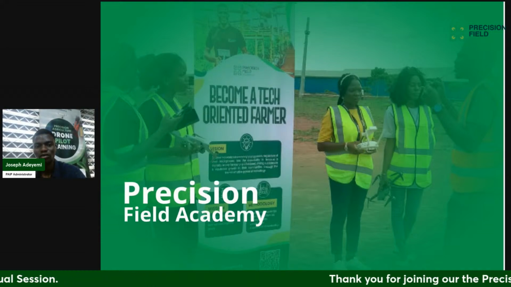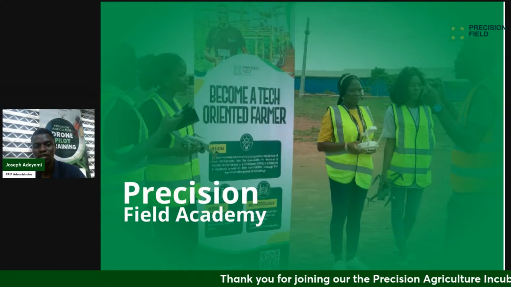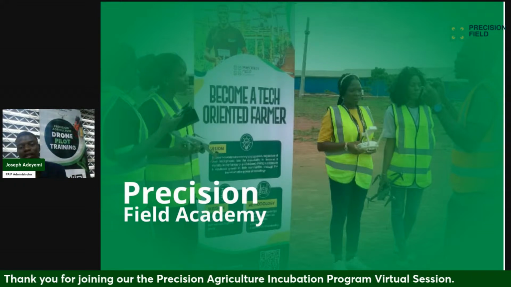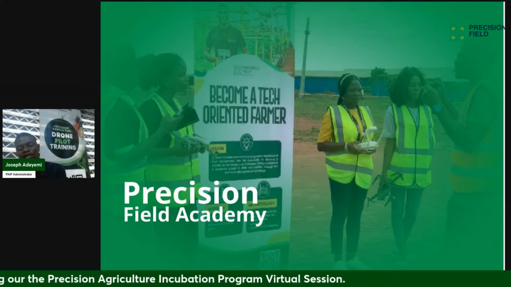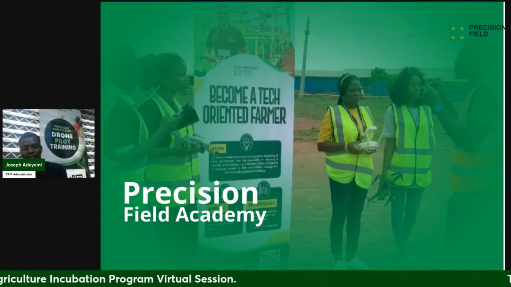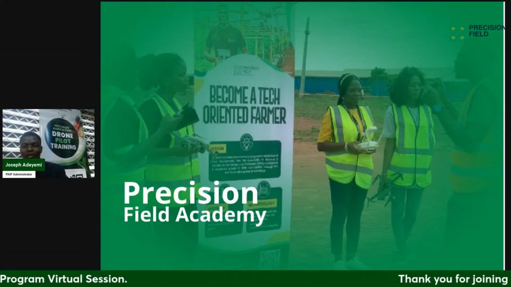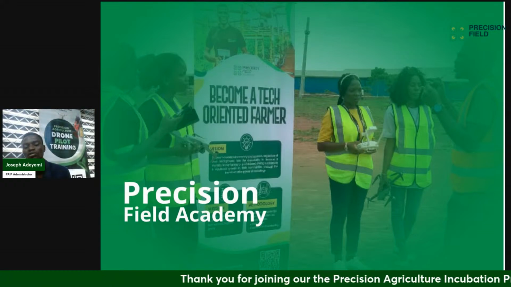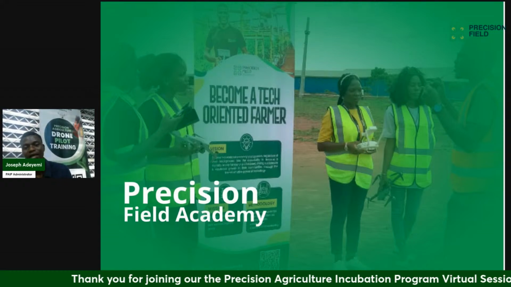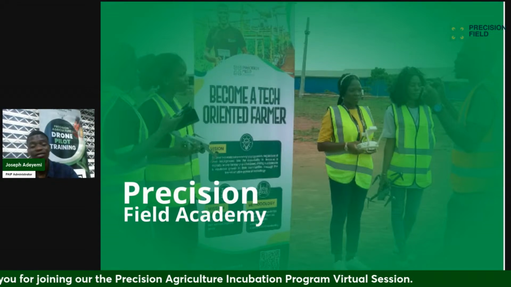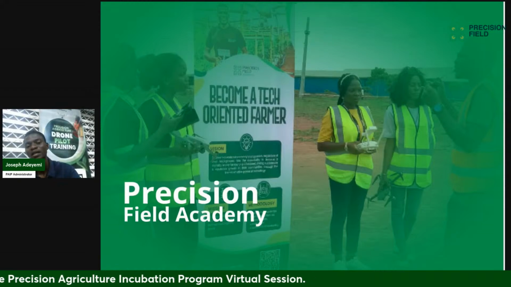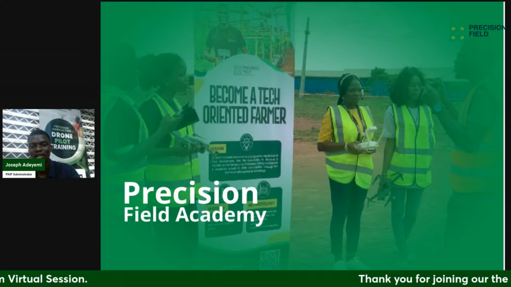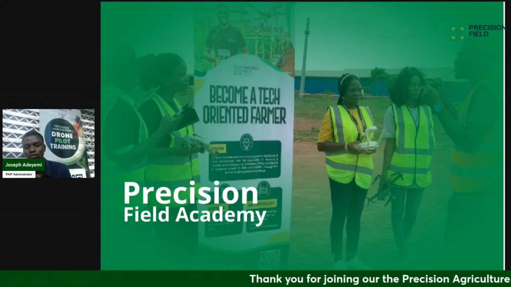And the Precision Agriculture Incubation Program is a digital skill based training focusing on empowering young people, young professionals, young farmers, or young agriculture enthusiasts with digital technologies in respect to drones, satellite imagery, GIS, robotics, and Internet of Things, and every other evolving technology within the agricultural landscape that they can actually harness to practice digital and precision agriculture.